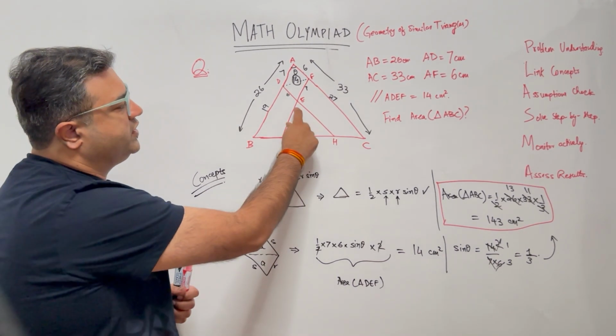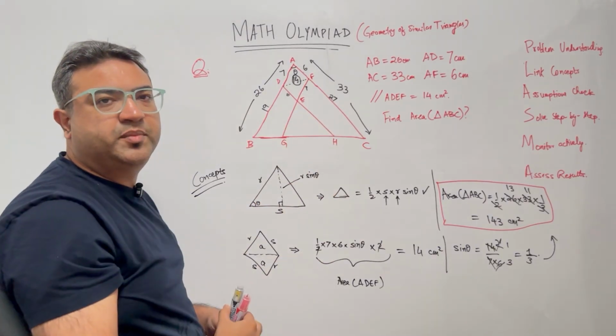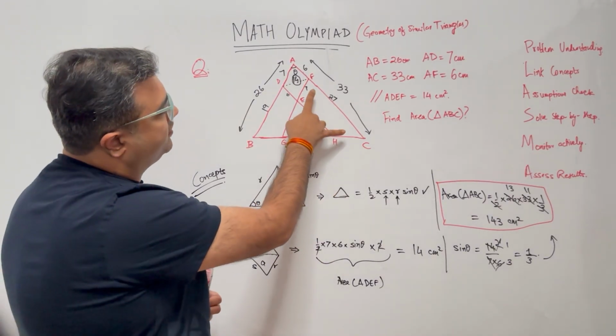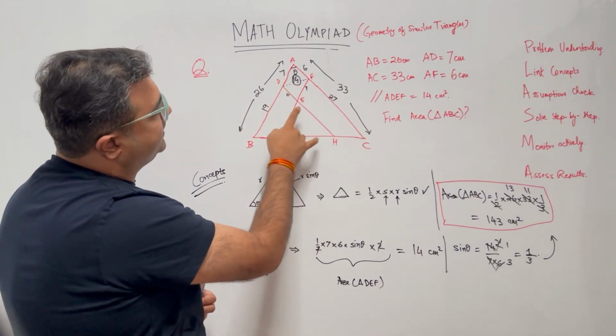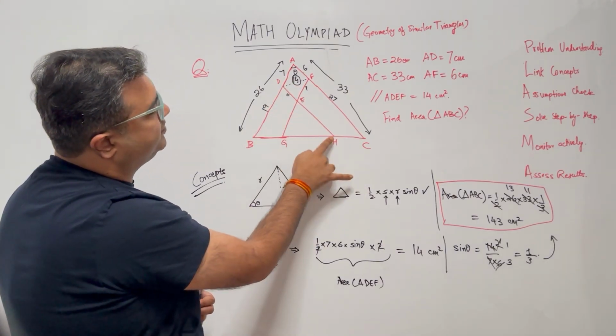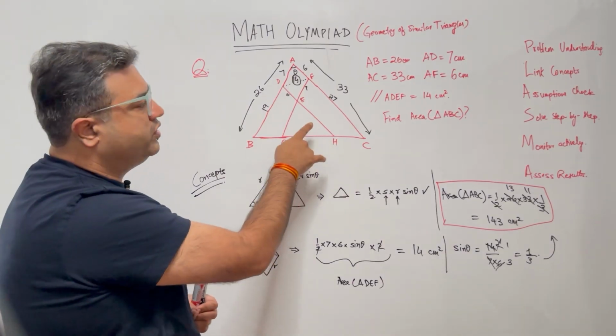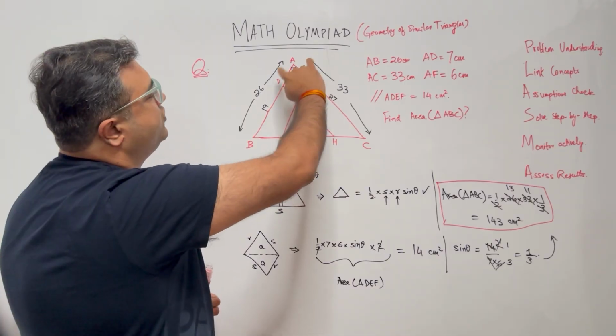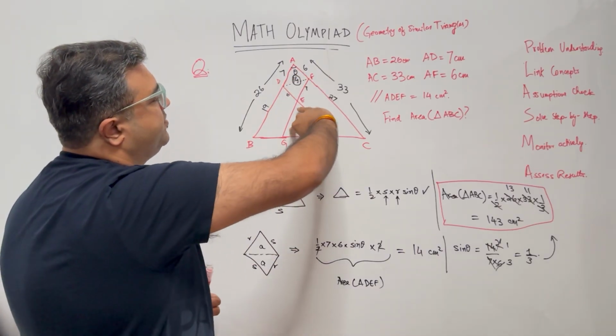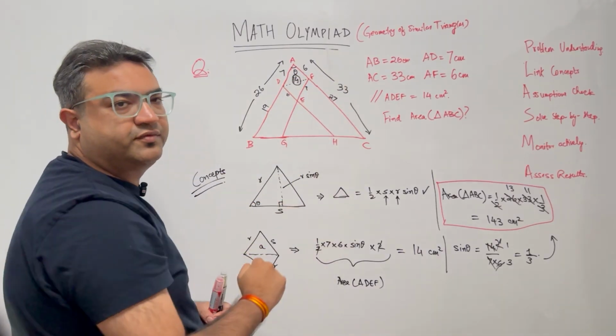We could have also calculated this and this based on similar triangle principles, right? We could have gone 27 over 33 is the same as EH over EH plus 6. So we will know EH from there. Similarly, we could have gotten 19 over 26 is the same as GE over GF.